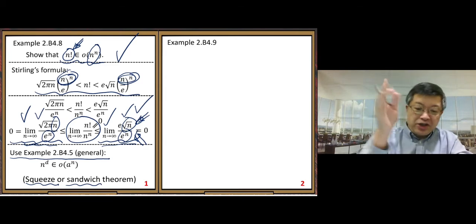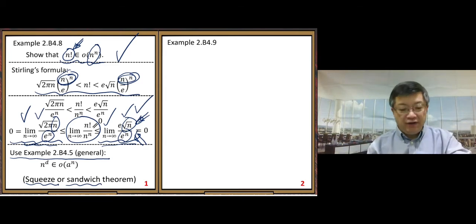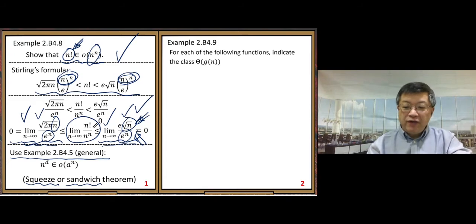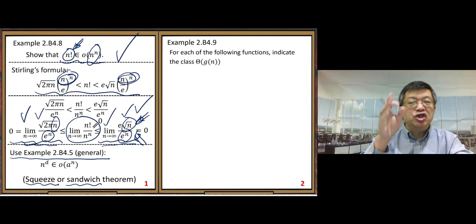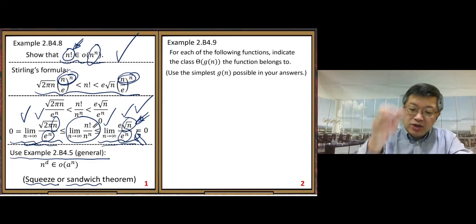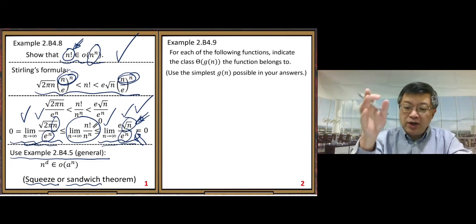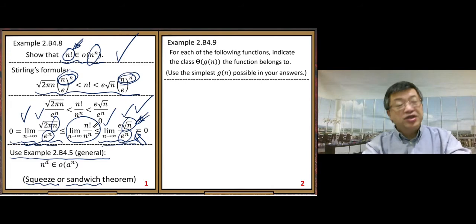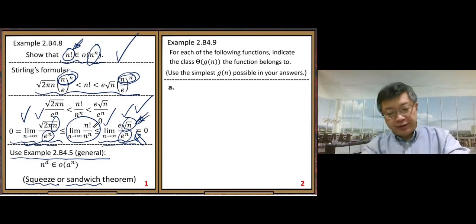Now, the last example of this example part. Multiple choice question. For each of the following functions, indicate the class big theta of g of n. The function belongs to; use the simplest g of n possible in your answers. All right. This question I selected from our textbook.